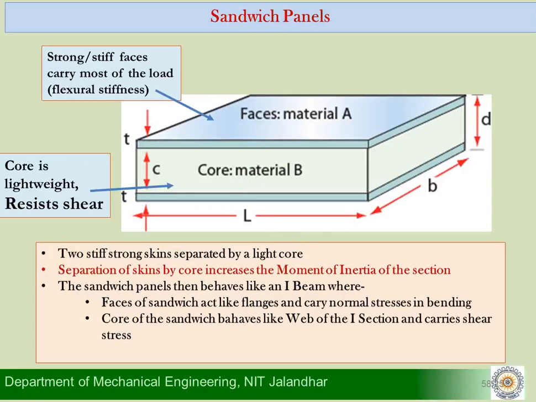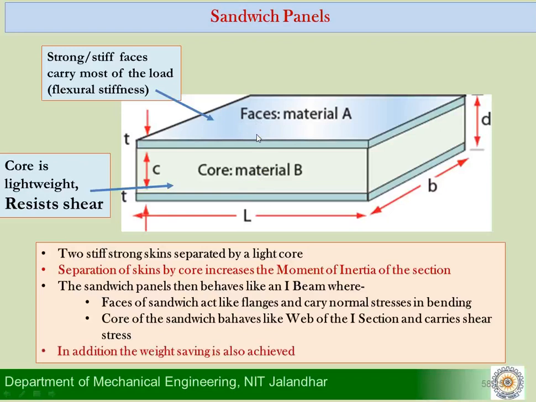But there is more to it in terms of a sandwich material. An I-beam, if it is made of a homogeneous, monolithic material, will have the same density at the face as well as at the core. Whereas the sandwich structure is made up of a core material which is much lighter than the face material.